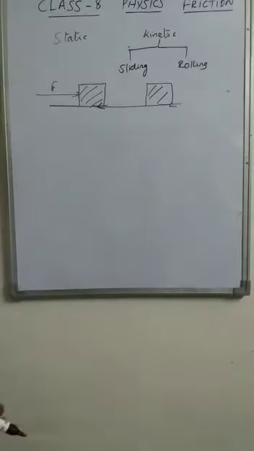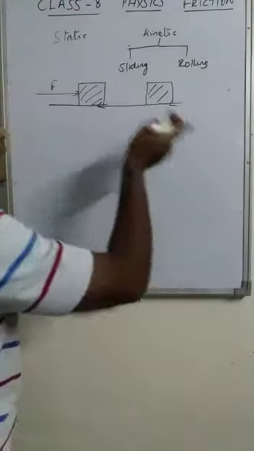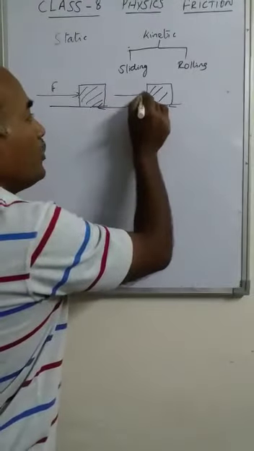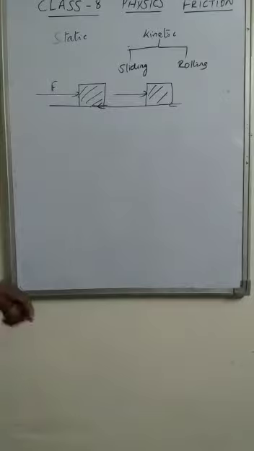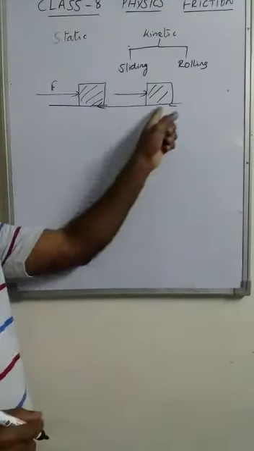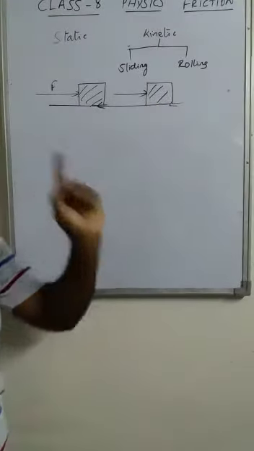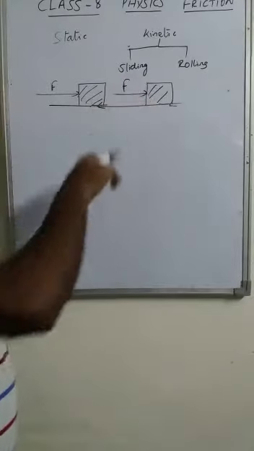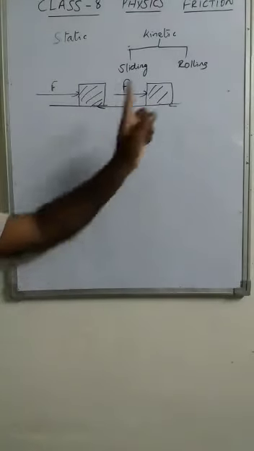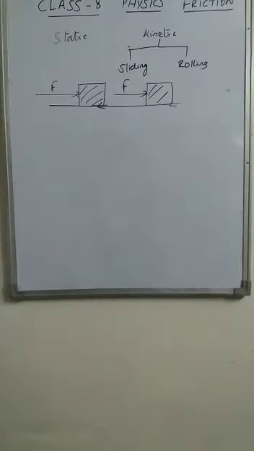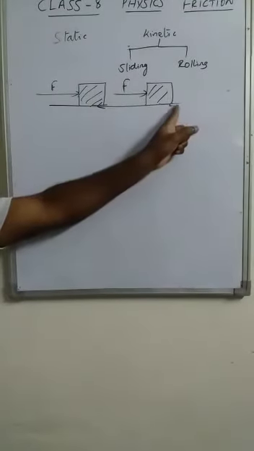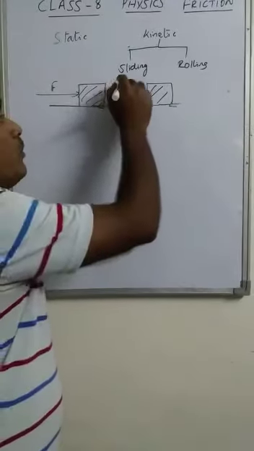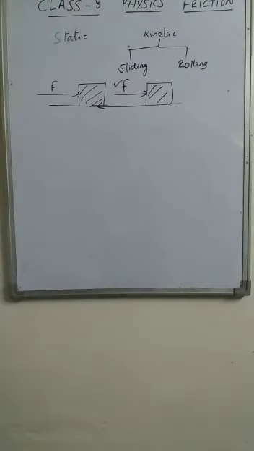Here one thing we must know: even once the object comes in motion, we have to apply the force. The force must be applied continuously because at every instant the friction is opposing. The magnitude of force applied should be proportional to the frictional force. If the friction is greater, then the applied force should also be greater to keep the same state.